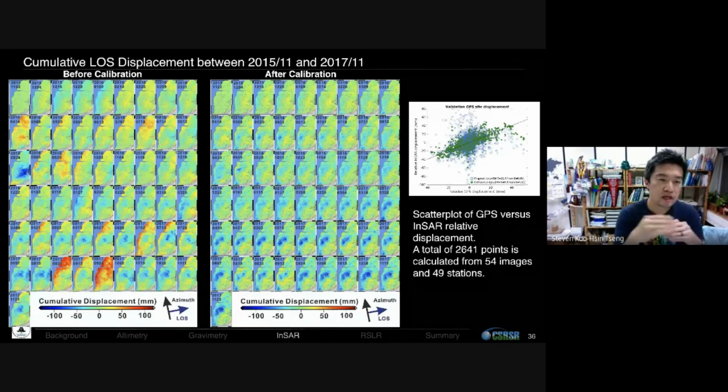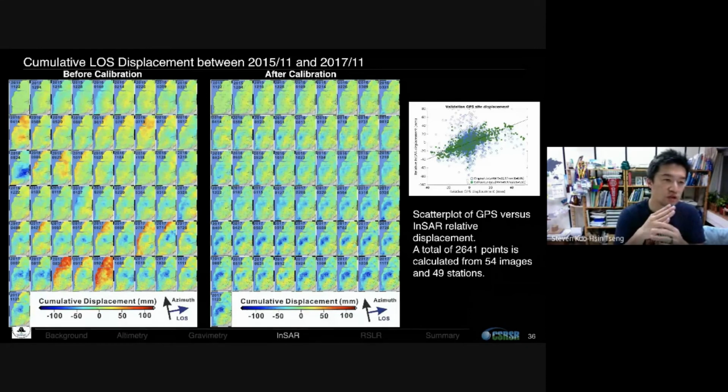So when we say something is going up or going down, it's relative to this datum. Without calibration, when you make any kind of InSAR time series, there is no datum. The zero is the displacement zero.